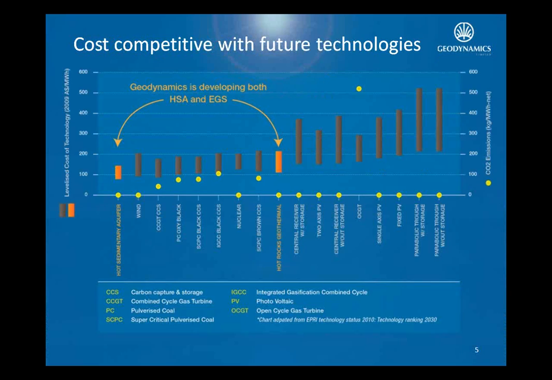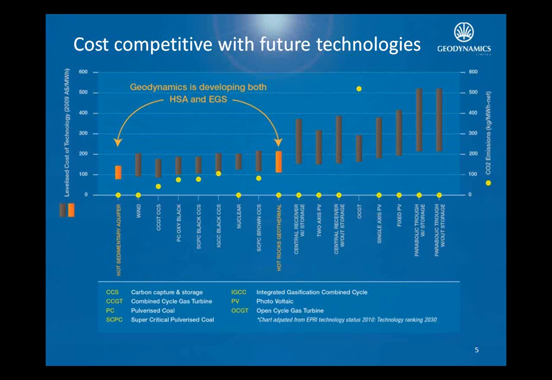Why are we looking at geothermal energy, and what are the prospects of geothermal energy in Australia? It really comes down to the characteristics of geothermal energy being base load, being emission free, and being competitive with other technologies.